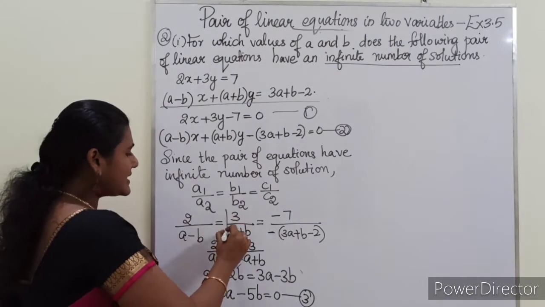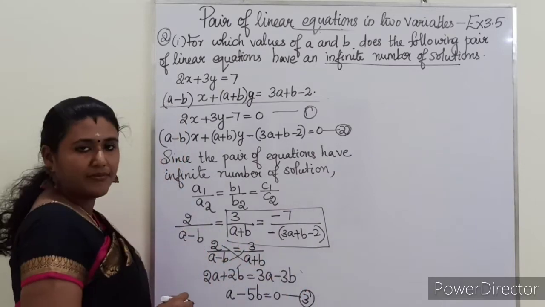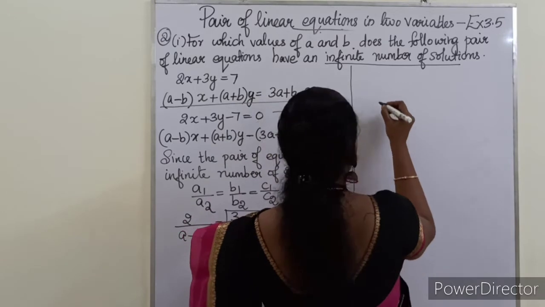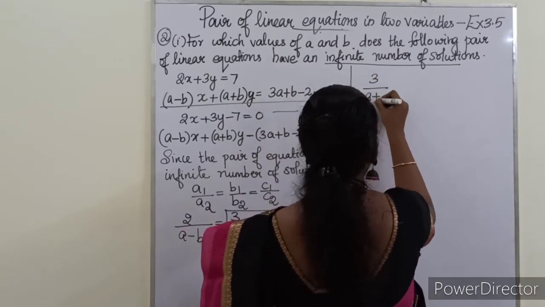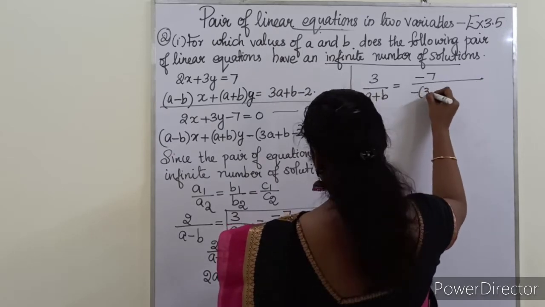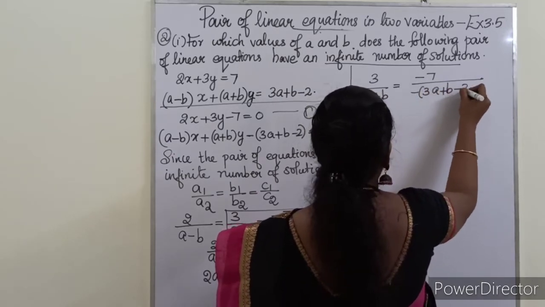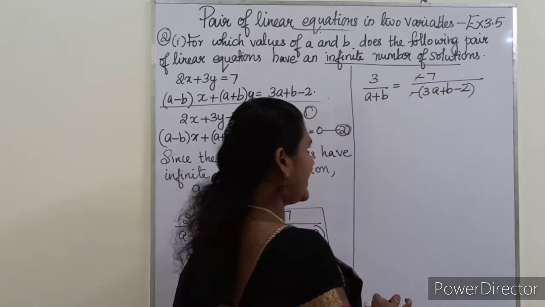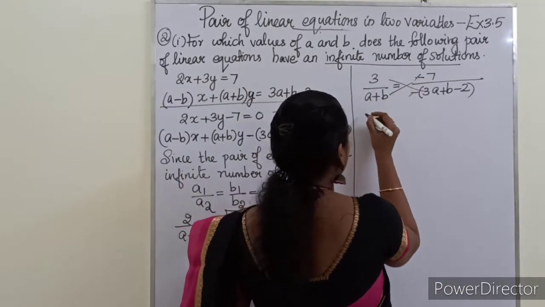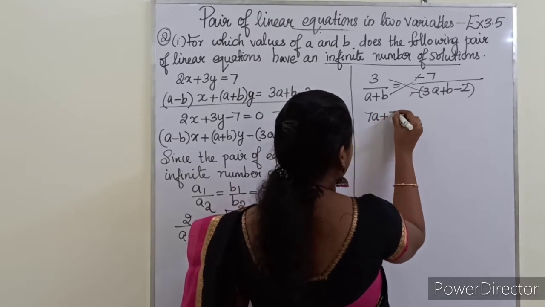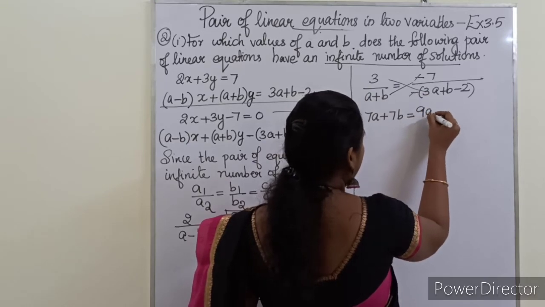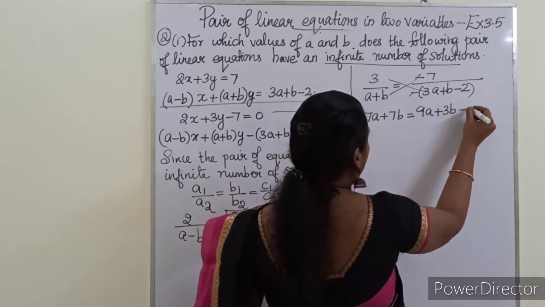Now we will take the second and the third ratio and we will simplify. So 3 by a plus b is equal to minus 7 by minus of 3a plus b minus 2. So here this minus will get cancelled. Now we will do cross multiplication. So 7a plus 7b is equal to 3 3s are 9, so 9a plus 3b minus 6.